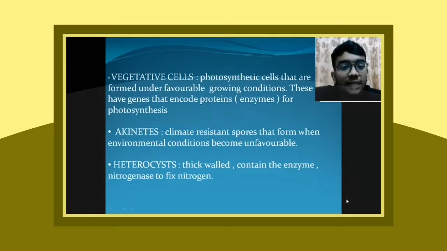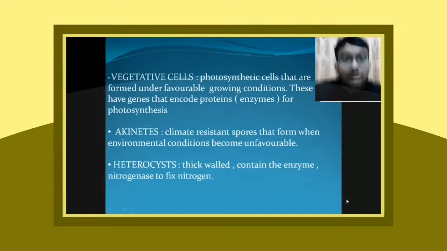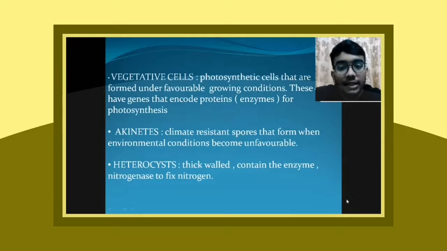Okay, vegetative cell. What is a vegetative cell? Basically, a vegetative cell is a photosynthetic cell that is formed under favorable growing conditions. These cells have genes that encode proteins, which are enzymes for photosynthesis. That is what we mean by vegetative cell. Next is akinetes.